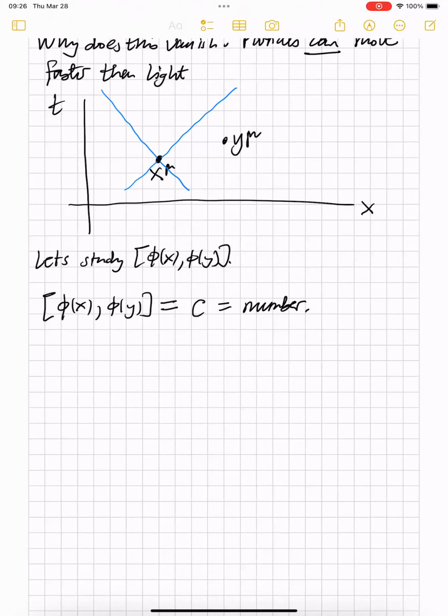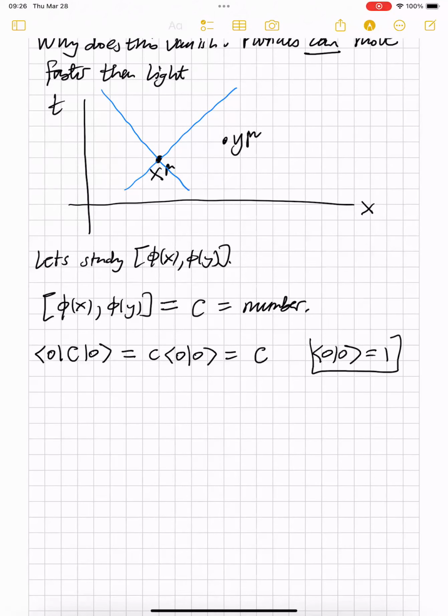Now I want to remind you of something. If I take the bra vacuum, I have a number, and I have ket vacuum, well, because it's a number, I can just take it out. And then I just get the brackets, the bra and the ket of the vacuum, and this just gives me the number because the vacuum is normalized, okay?